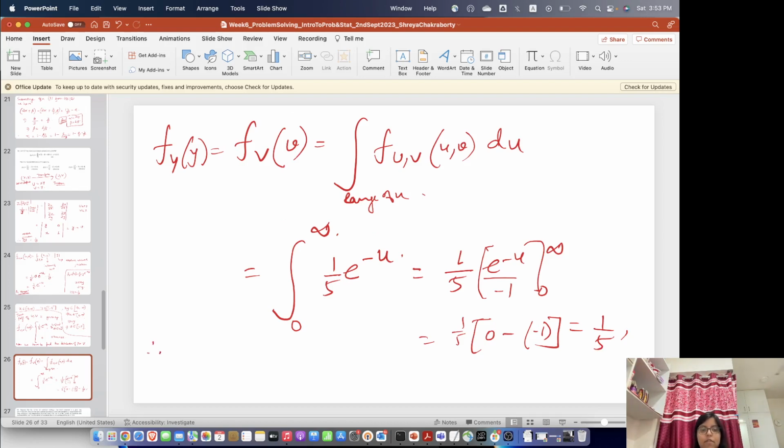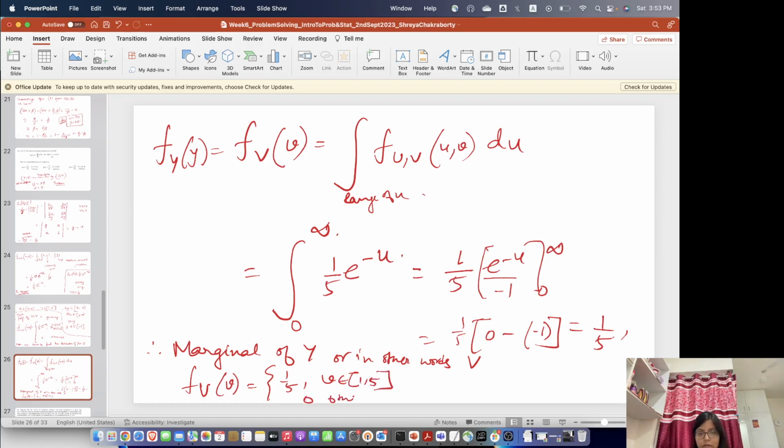Therefore, the marginal of y, or in other words v, is given like this. f of v of v equals 1 by 5, given v belongs to closed 1 comma 5, and 0 otherwise.